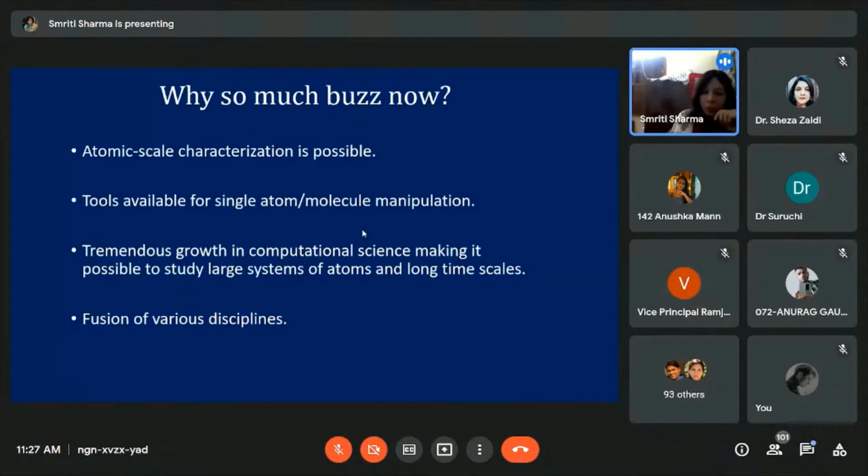So you can study big molecules like nanotubes. You will get confused how a nanotube is a big molecule when we are talking about 10 raised to the power minus 9. I will come to that. So you can study these large systems using computational software. That has also led to its growth a lot.